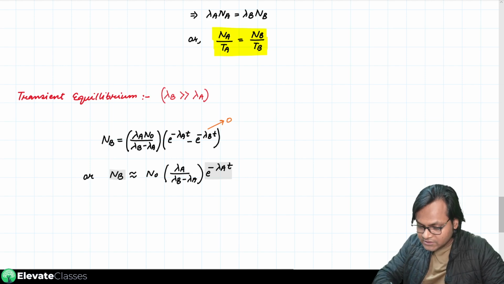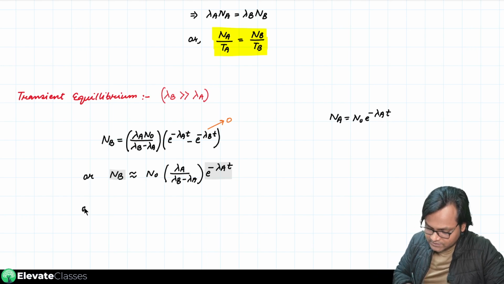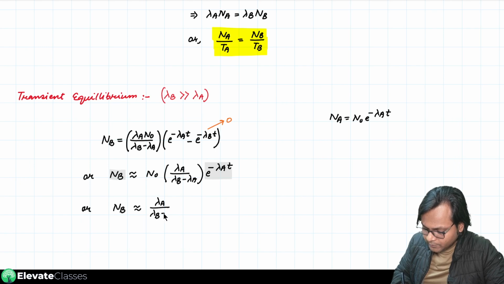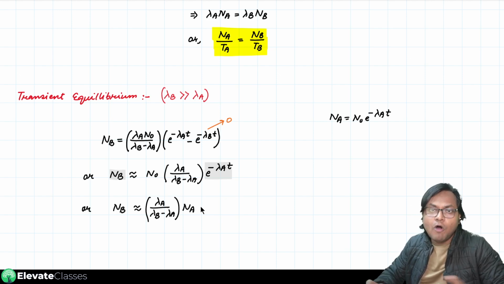If I combine this with N_A equal to N naught e to the power minus lambda A t, it simply means that N_B is approximately equal to lambda A upon lambda B minus lambda A times N_A. So the daughter nuclei is essentially decaying with the half-life of the parent nuclei. This is because the daughter nuclei decays very fast, but it can only decay if it is actually formed in the first place, and the formation rate is very, very less.